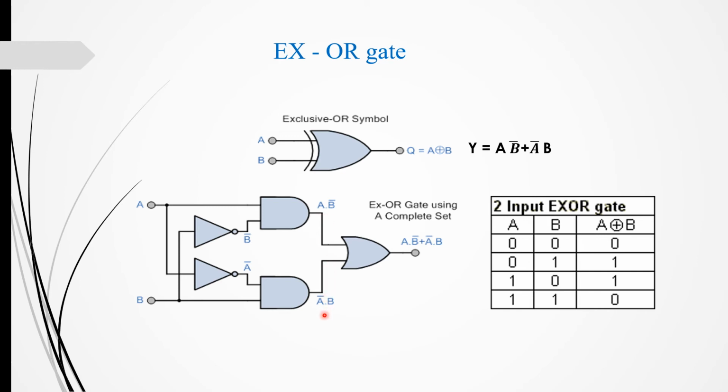This is the output of the other AND gate, A bar into B, and here the OR gate adds these two inputs, so output is equal to A into B bar plus A bar into B. So this is the truth table, symbol and construction of XOR gate.